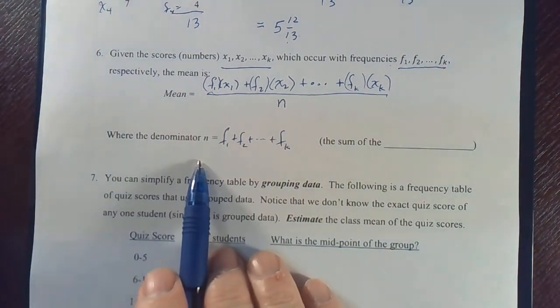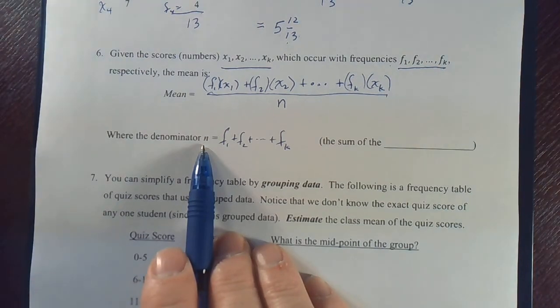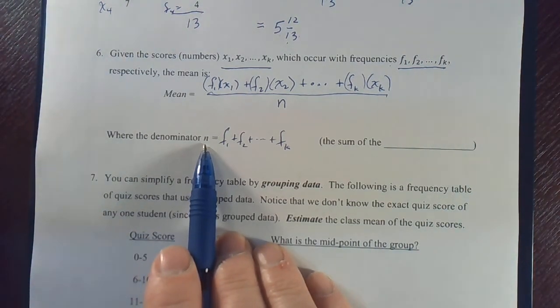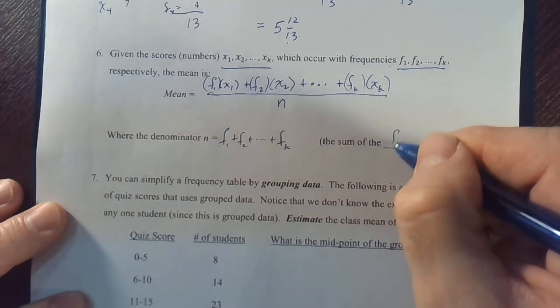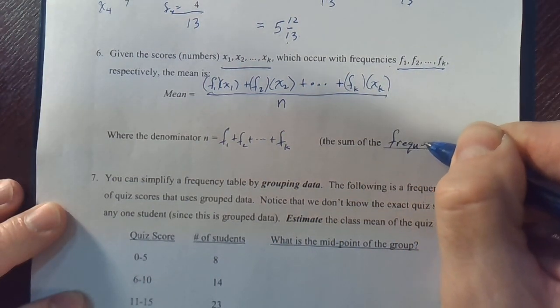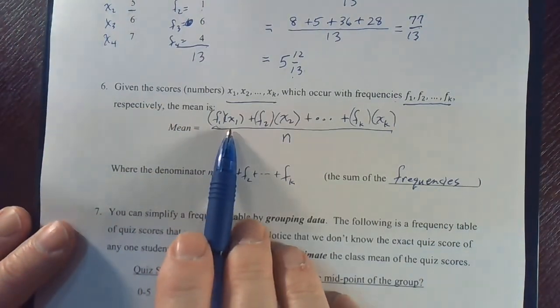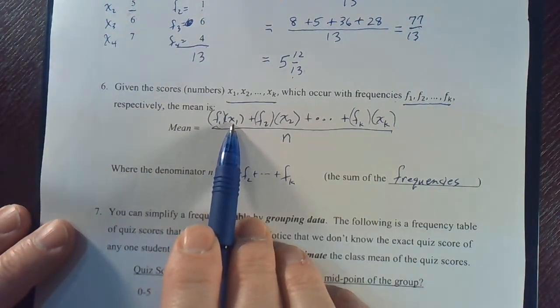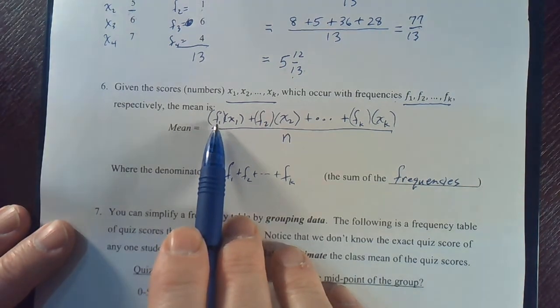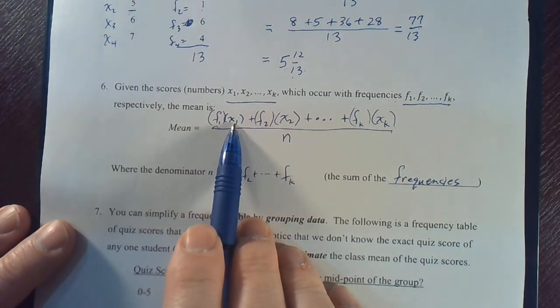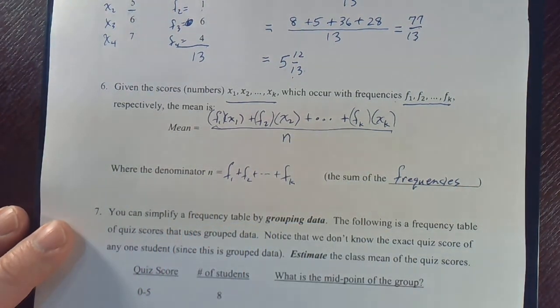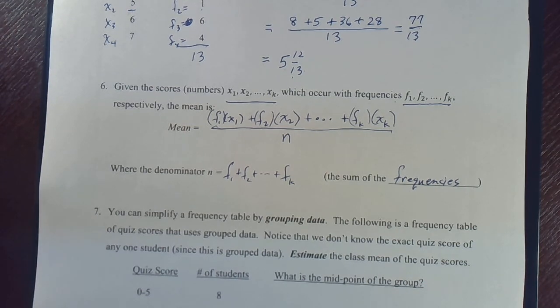Add up all of the frequencies, and that gives us our total number of samples, or our total number of numbers. So this is the sum of the frequencies. Remember, f stands for frequency. For the score x1, whatever that number is, f1 is the frequency of that score, and so on all the way up to the last one.